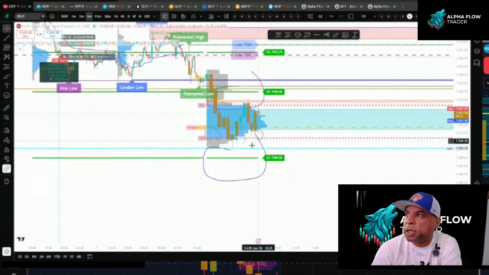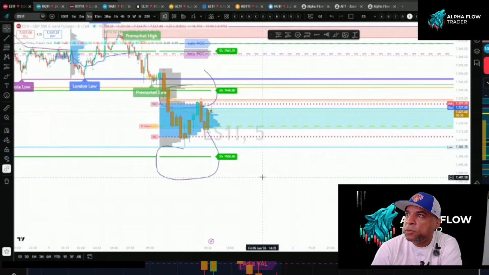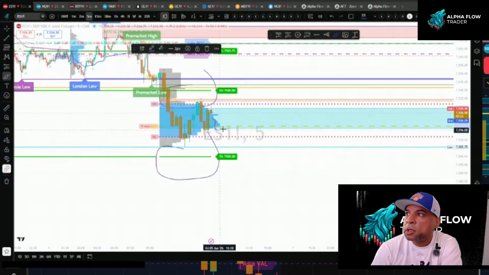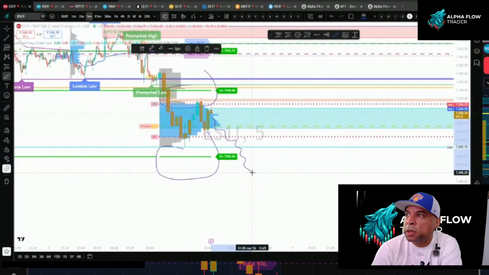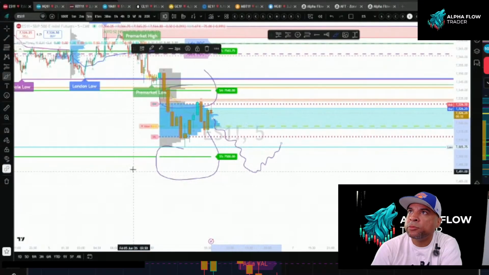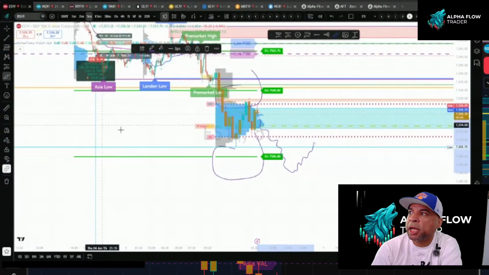ES would have to do exactly as I wanted it to do: come down here, take out prior week's low, come below our S5, and then start drifting higher. For me to be interested in ES, it would have to do exactly as I expected before I take that signal.